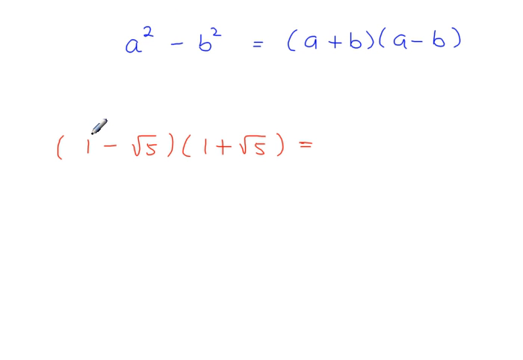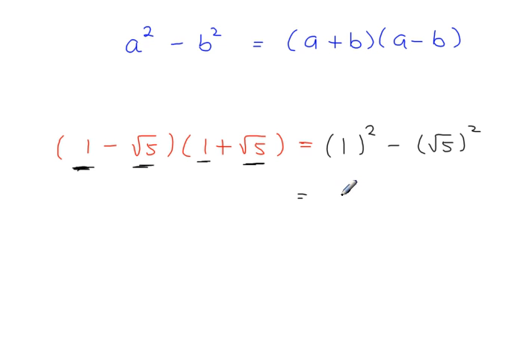So if I take the first term, the 1, I can square that like this, minus the second term, which is root 5, squared.